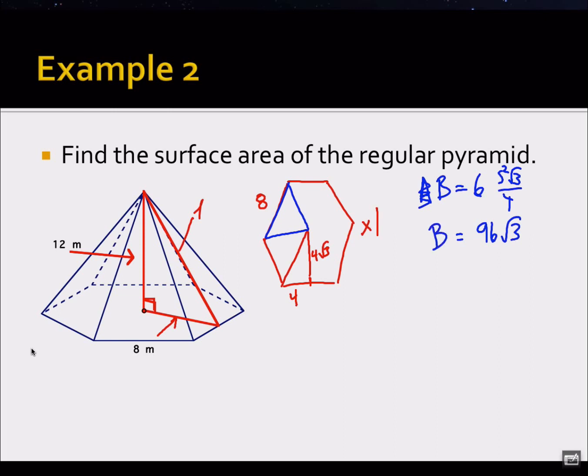Now I got some triangles. What's the base of those triangles? 8. I need to find the height. This length is the same as that length. How do I find it?